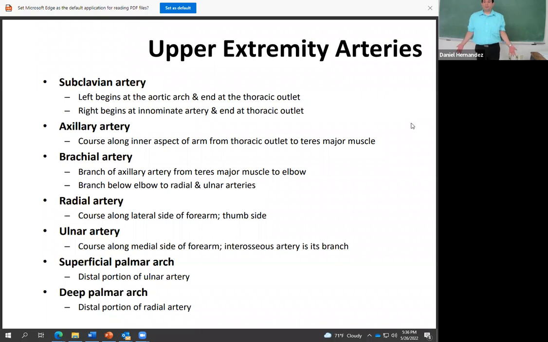So when you're talking about vessels coursing along the lateral aspect or the medial aspect of the forearm, always remember the patient's hands have to be facing forward. So if my hands are facing forward, this is the lateral aspect of my forearm, and then the medial aspect of my forearm. Same thing, upper arm, medial, lateral.